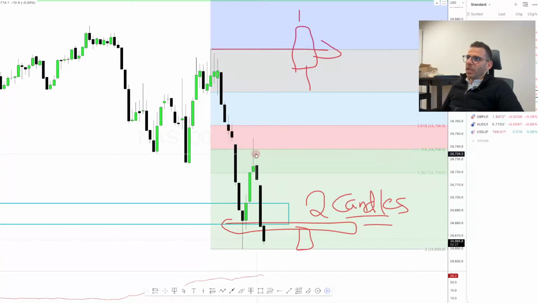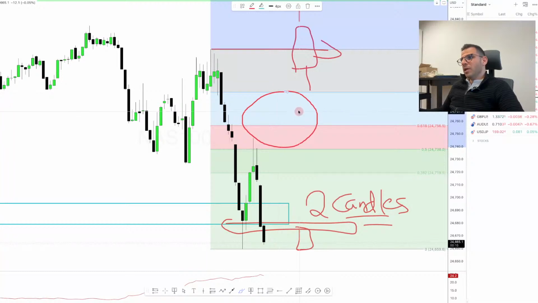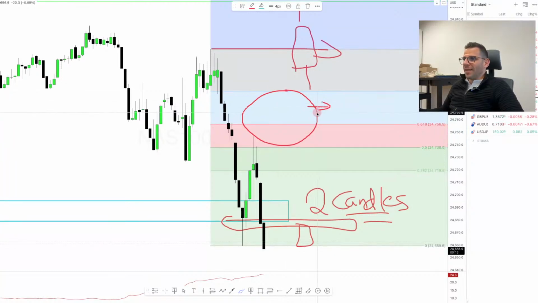Usually the 50%, 61.8 and 78.6%, this area is an ideal area to look for retracements. But this is not enough by itself.